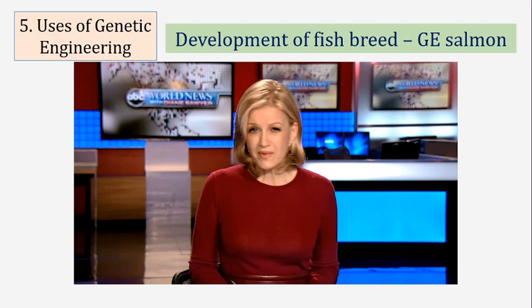So scientists have manipulated it to grow bigger. They have inserted growth hormone genes into the salmon, so that it becomes genetically engineered and gets larger, almost twice the size of the conventional salmon.